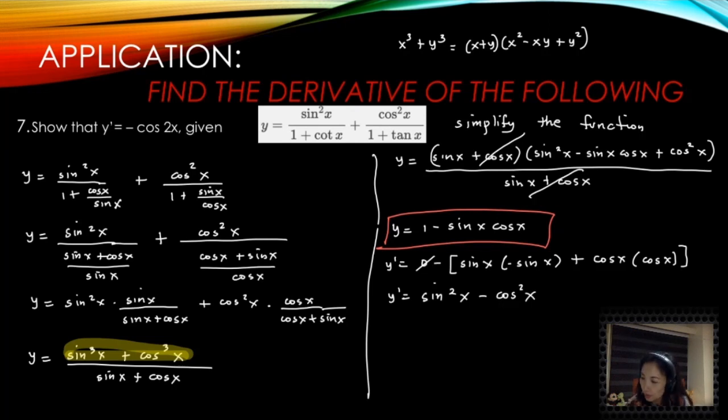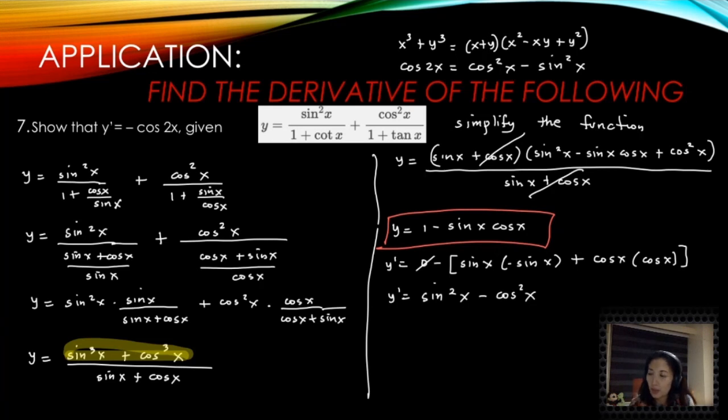Let me write the formula: cosine 2x is equal to cosine squared x minus sine squared x.